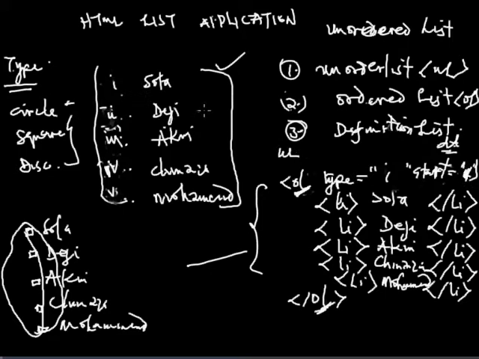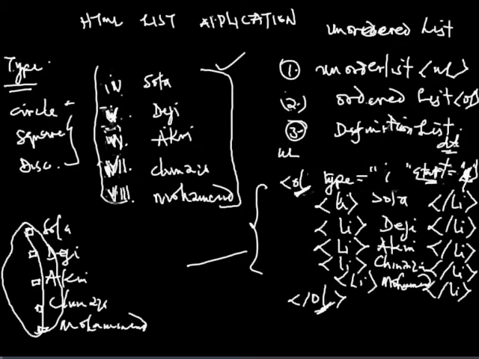If I say start from 4, it starts from IV, sorry, V, VI, VII and VIII, which is 8. It's starting from 4 and it's counting upward. So that's why I say start. So that's all for ordered list.